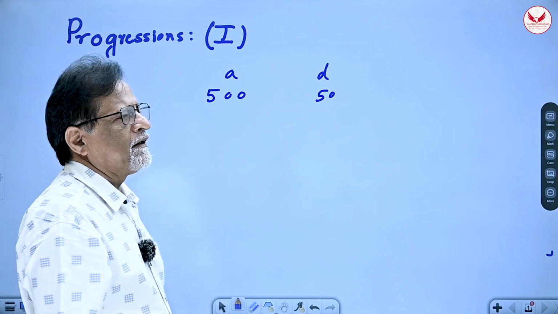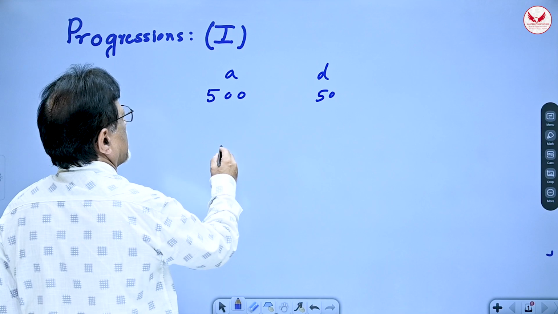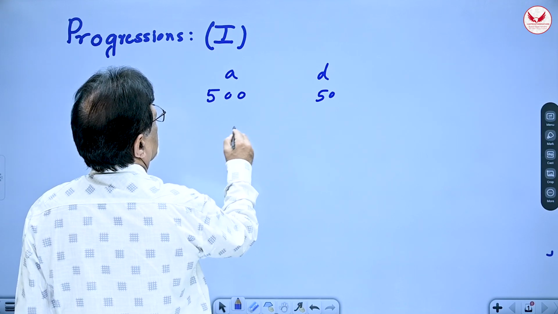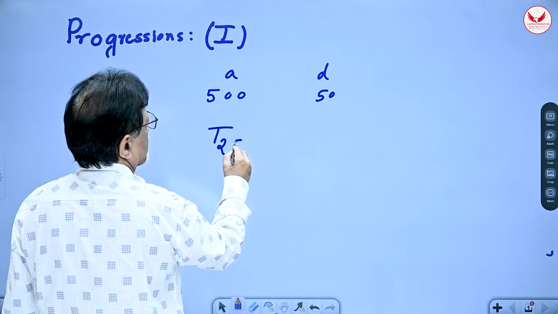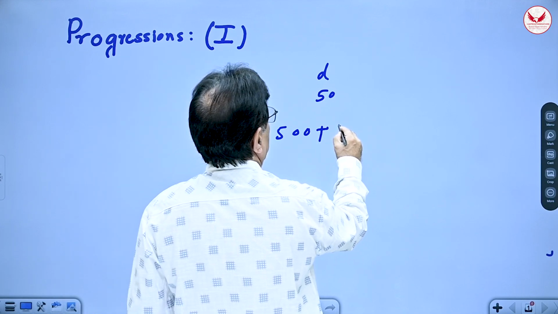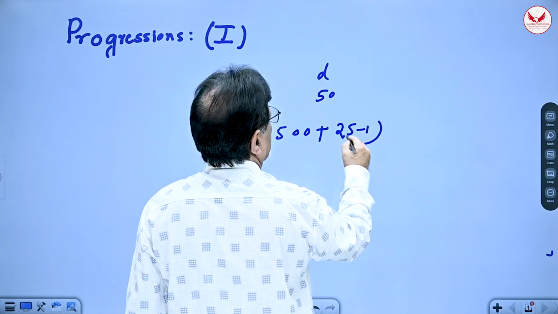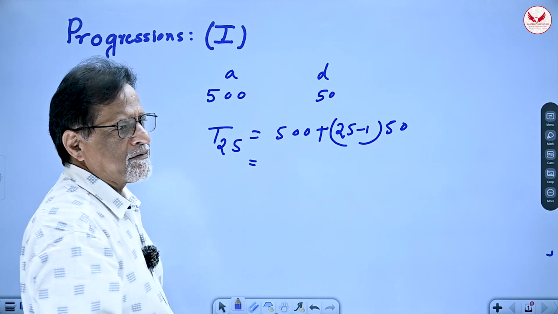So what will be the salary of this particular person after 25 years? So I want to find out 25th term of this particular sequence. So that means T25 is equal to 500 plus 25 minus 1 times 50. That will be his salary after 25 years. Okay.